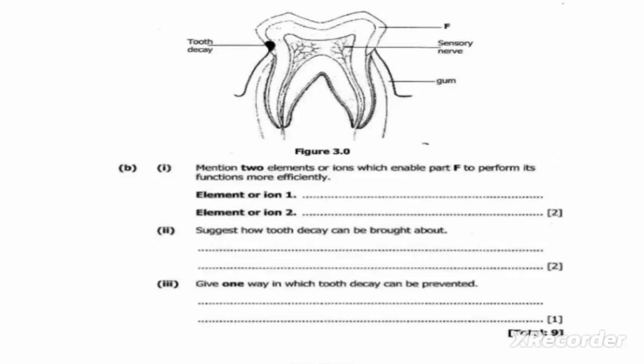So tooth decay can be brought about after the accumulation of food substances on the surface of the enamel. This accumulation of food substances on the enamel will lead to development of bacteria. These bacteria will start producing acids on the surface of the enamel. And we know that acids are capable of dissolving the enamel.